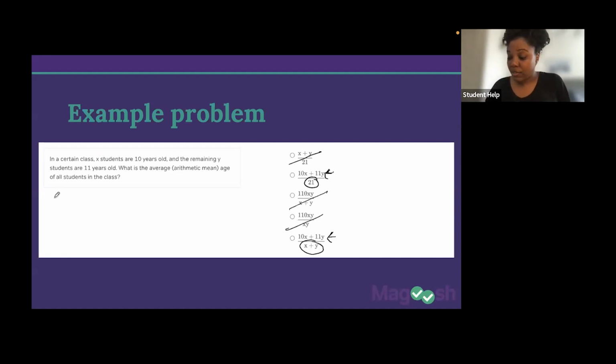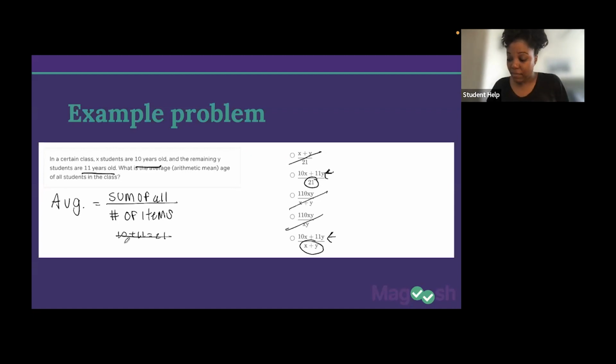Remember, average is the sum of all divided by the number of items, right? So the number of items isn't 10 years old and 11 years old. That's where you got the 10 plus 11 equals 21.